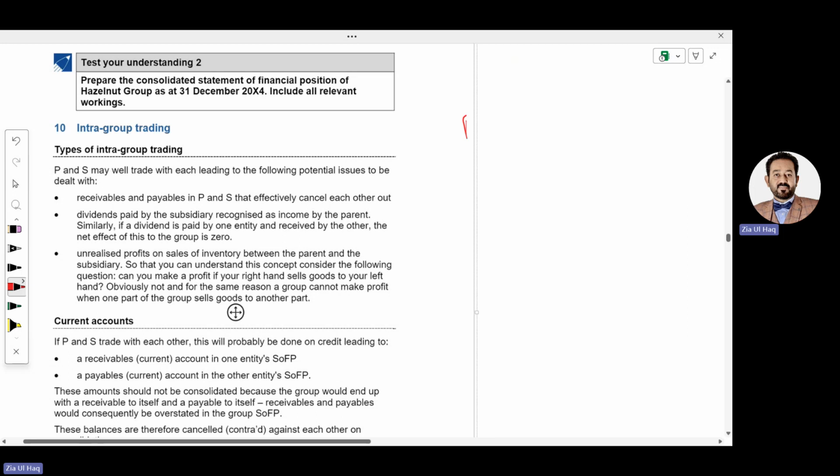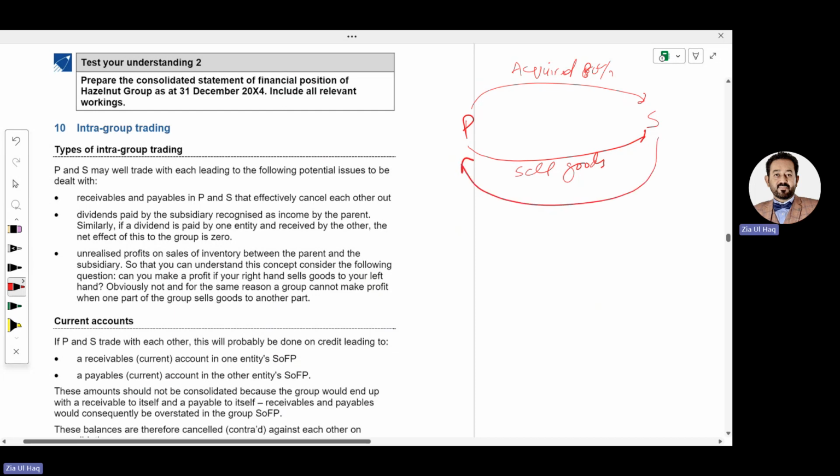This is the parent company and this is the subsidiary. Suppose the parent company acquired 80% of the subsidiary. If the parent company has sold goods to the subsidiary, or the subsidiary has sold any goods to the parent company, that will be called intergroup transactions, intergroup trading.